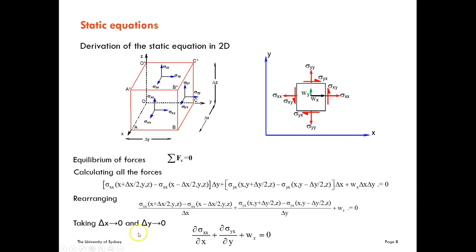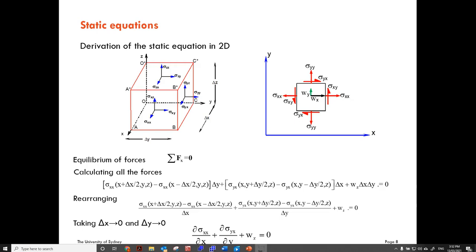Then, taking delta x to 0 and delta y to 0, an infinitesimal element, you convert these equations into these equations. So these are the static equations in 2D in the x direction. We can repeat the same derivation by summing all the forces in the y direction, and we are going to get another equation similar to this one that I'm not going to include here.